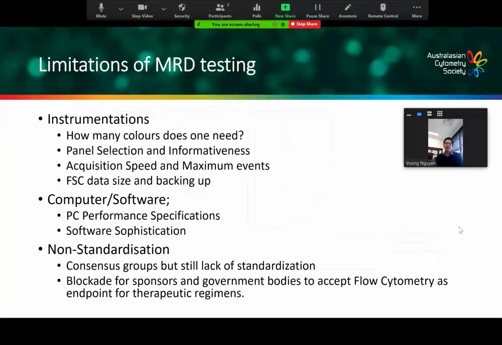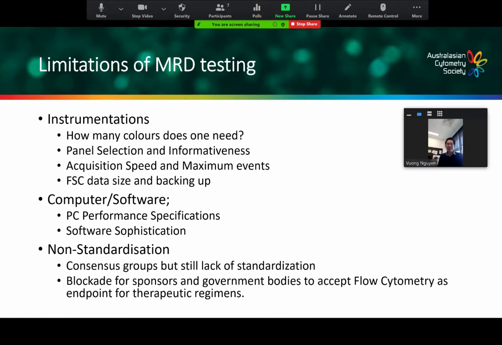The limitations that Gosia and I will be discussing by no means are exhaustive, but it's a considerable list. One of the first limitations that one might encounter is the instrumentation itself, which has smaller challenges as well. So one might ask, how many colors do we need to do MRD assessment?